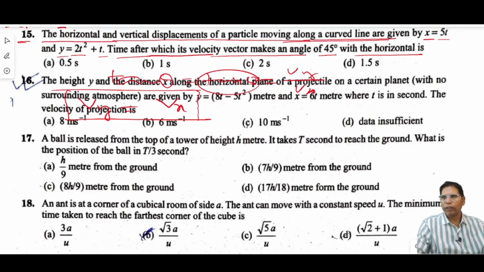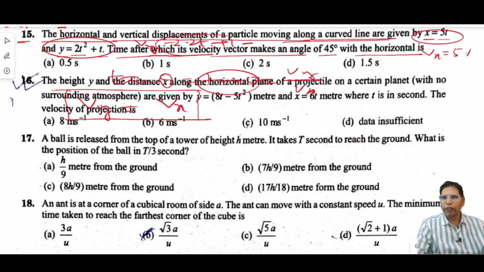Now what is the velocity Vx when x equals to 5t? Look at this, here Vx equals to 5 into 1. What is the velocity Vy? Look at this, Vy equal to 2 into 2t plus 1, because if we differentiate y with respect to time, we get Vy.